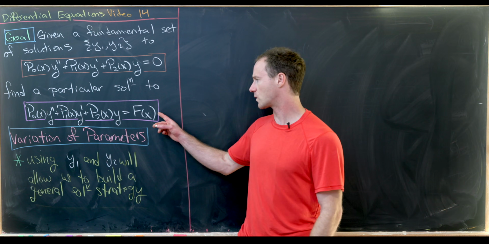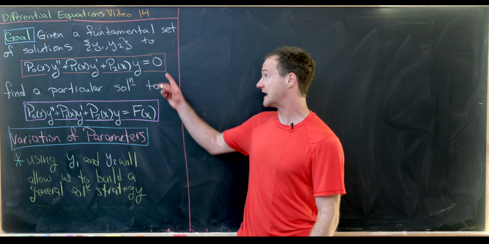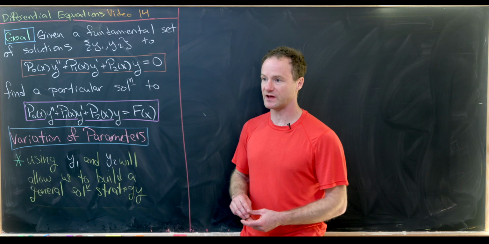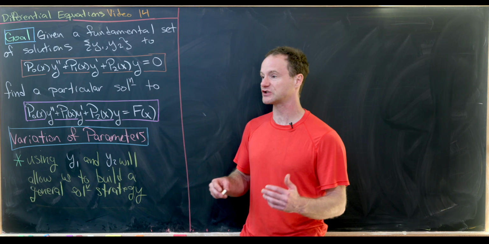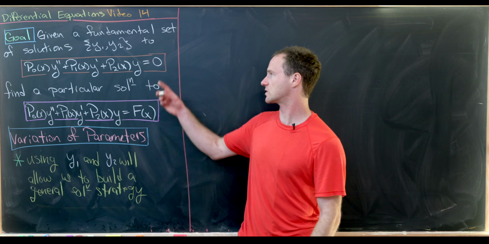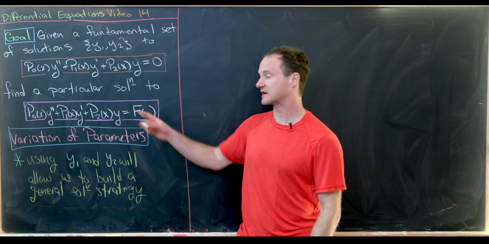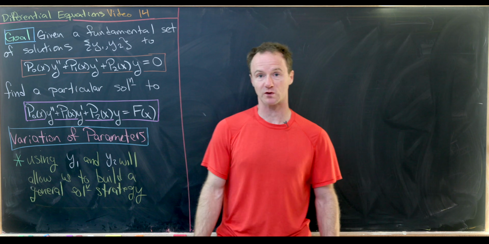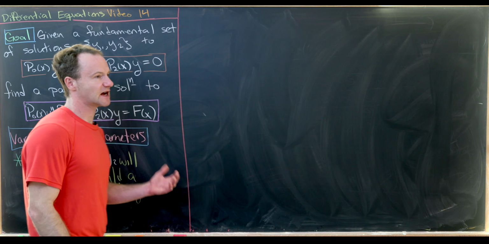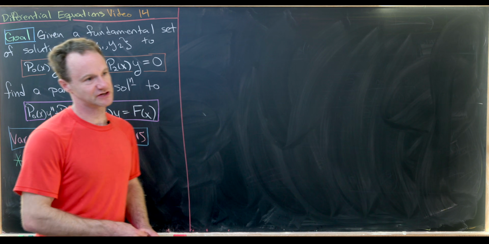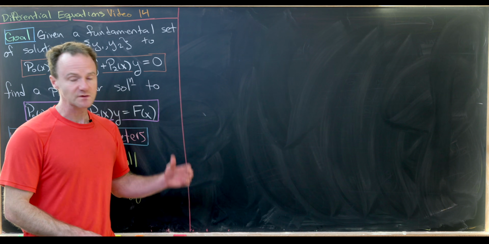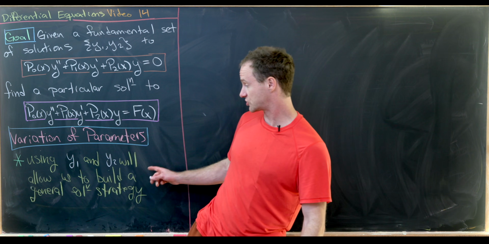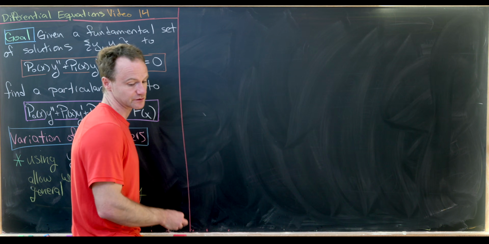So this will work for any f here and any differential equation. Compare that to the method of undetermined coefficients, which only worked for differential equations like this where we had constant coefficients and a small family of forcing functions involving sines, cosines, exponential functions, and polynomials. Okay, so let's get into the construction of this general solution.